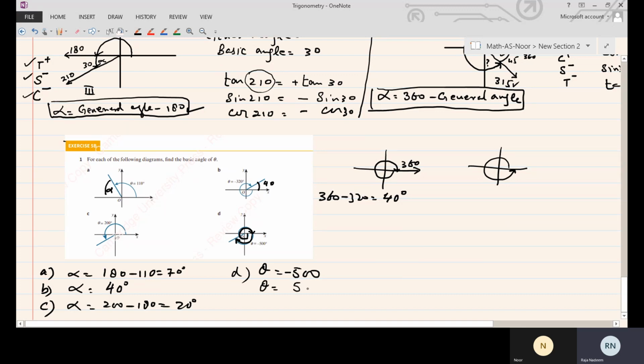The very first thing is to subtract 360 from the angle to get an angle which is less than 360. We get 140. So this part of the angle is 140, from this point to this point. The basic angle is this: 180 minus 140, I'll get 40 degrees. So the basic angle is 40 degrees.